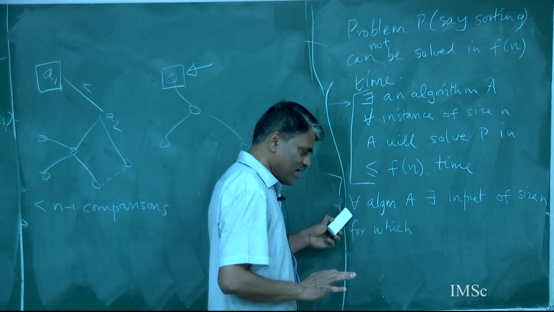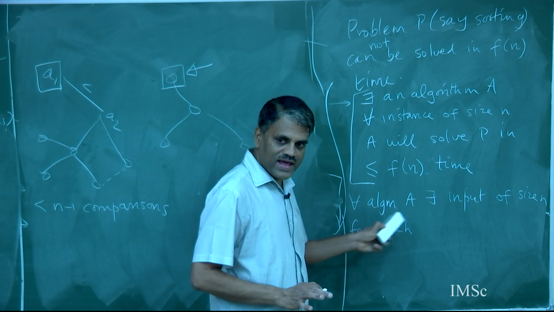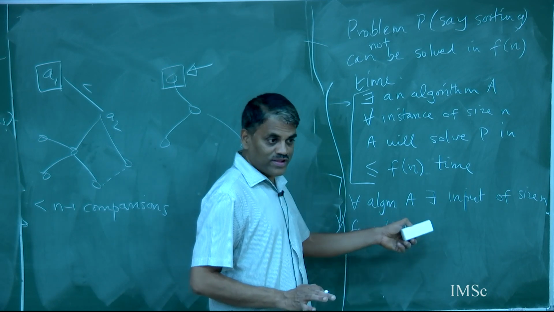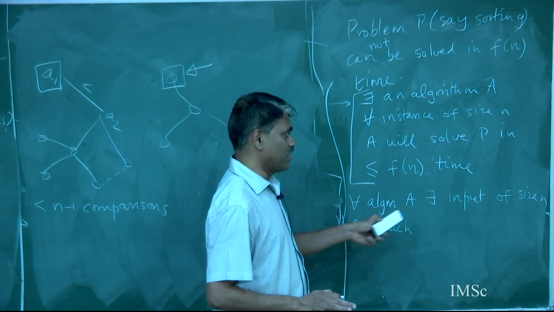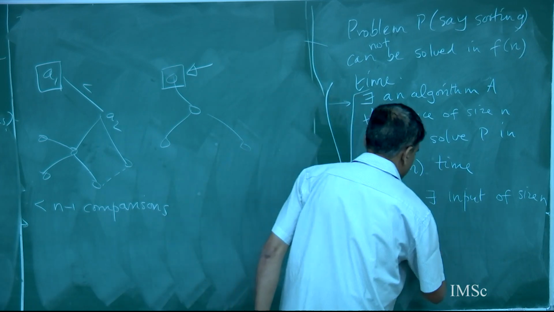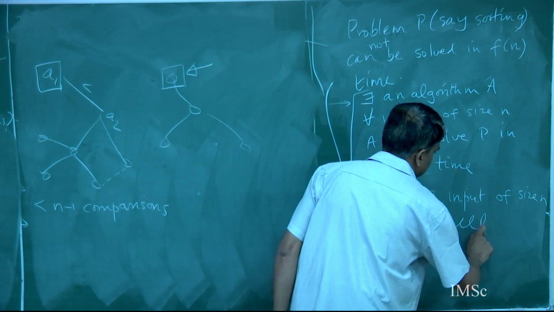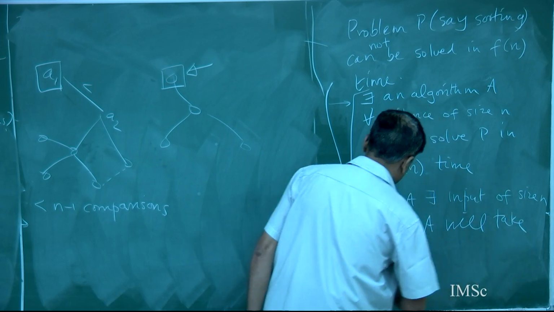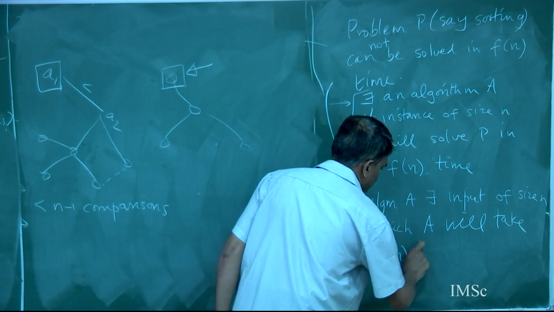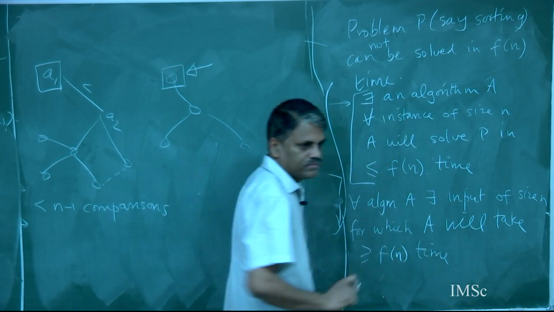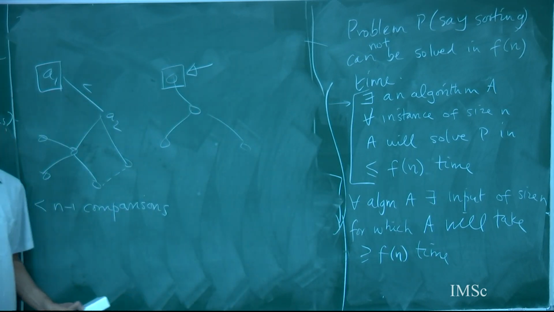For every algorithm, there is a bad input. For every algorithm A, there exists an input for which A will take more than f of n, that's what it is.